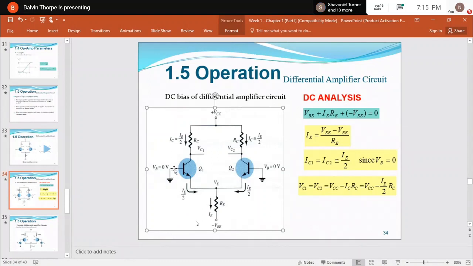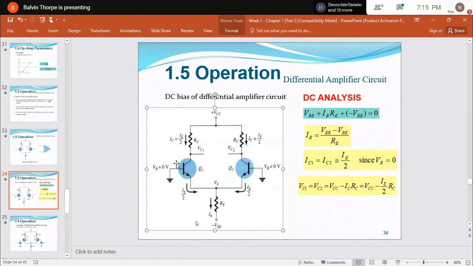If you apply voltage here, at the VCC, this is a common emitter configuration. So the emitter is common to both the collector and the base, right?